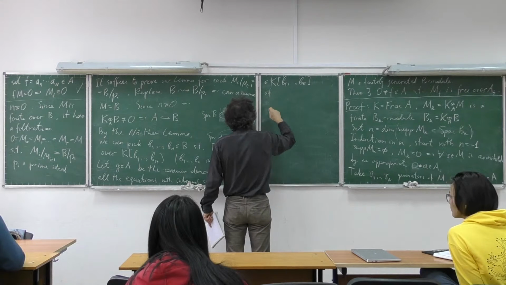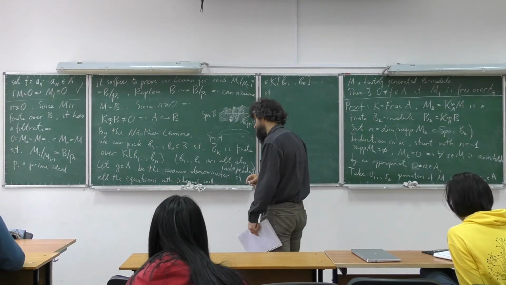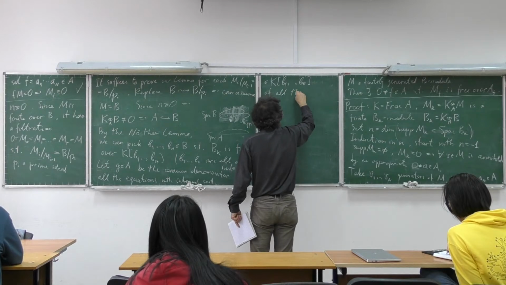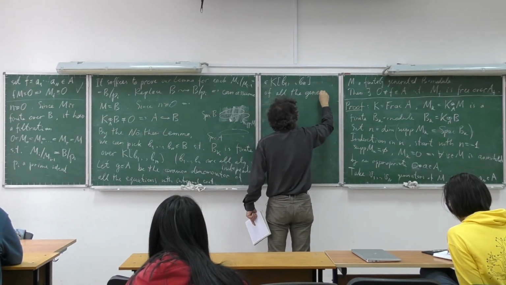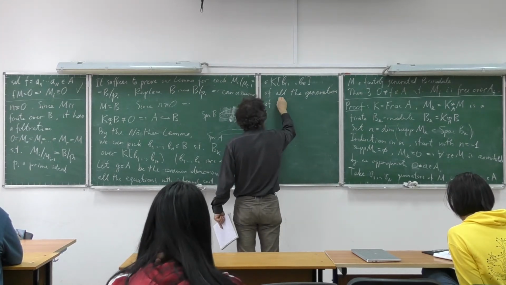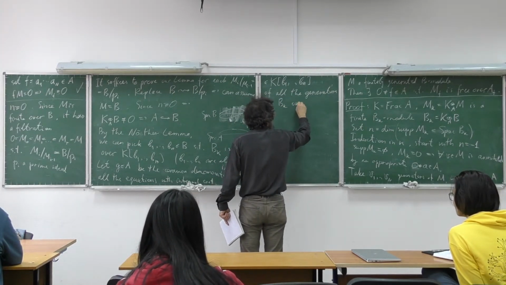Of all the generators of B over this polynomial ring.